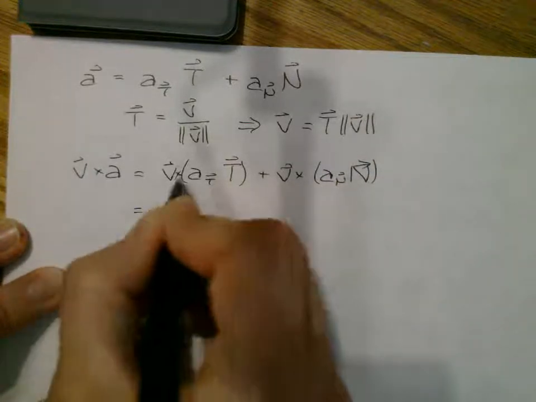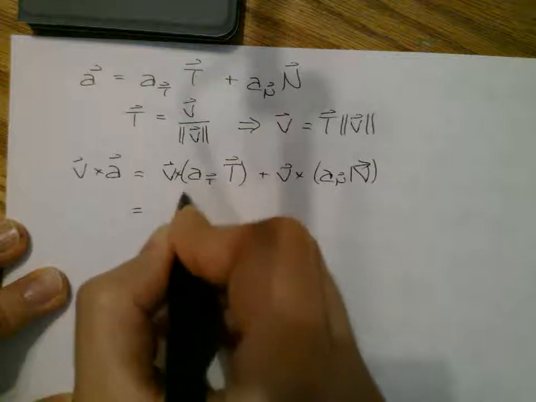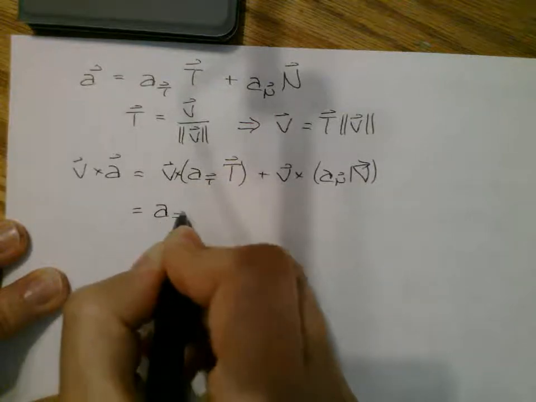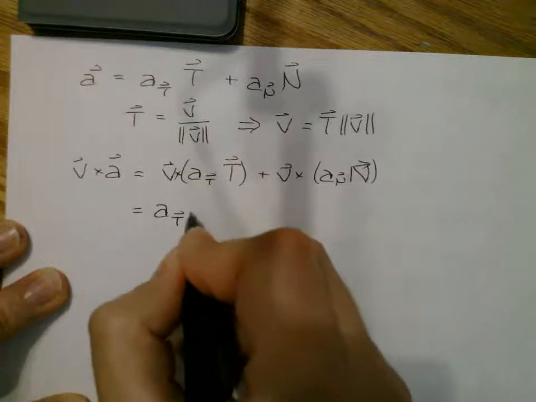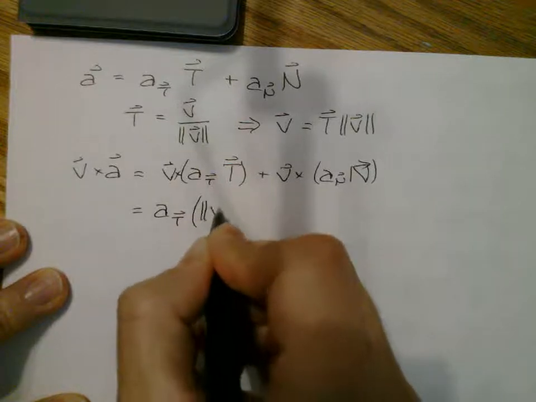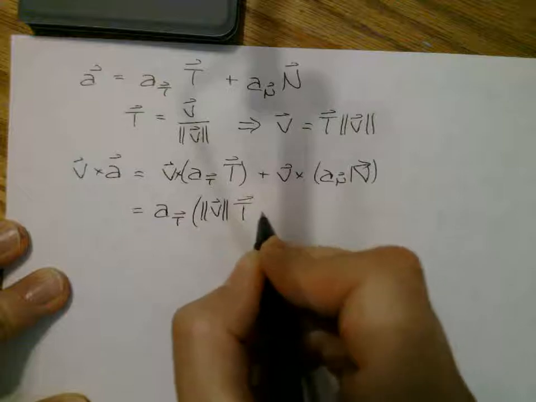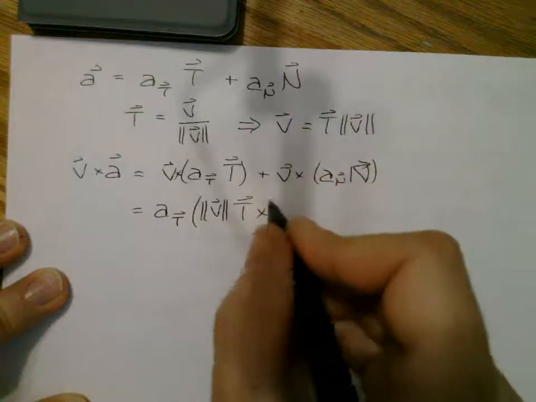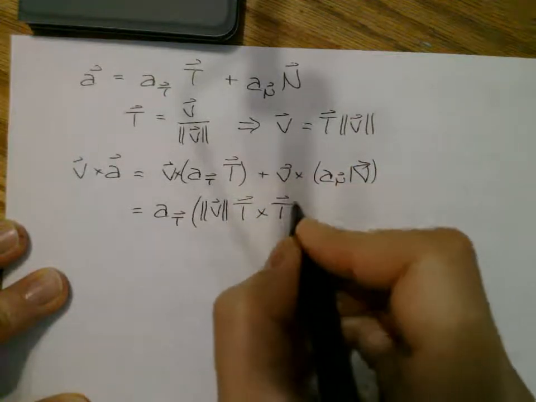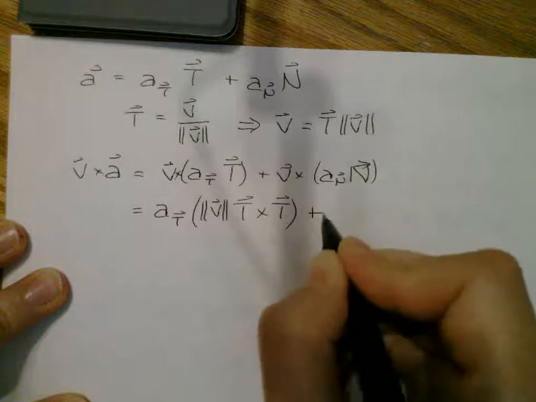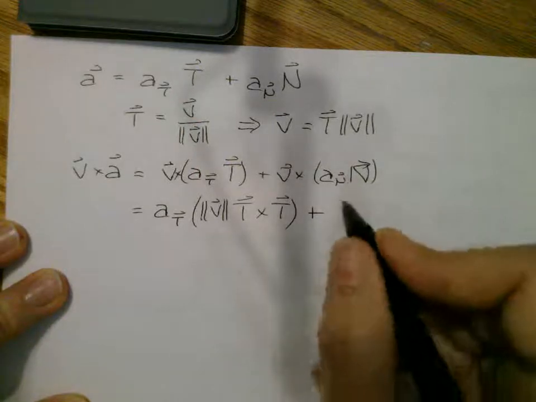So let's make that substitution here for v. a_T is a scalar. I'm going to pull that out. Magnitude of v. And then I have the T that was already there and the T that came from the velocity vector. And we'll do the same thing in the other half.